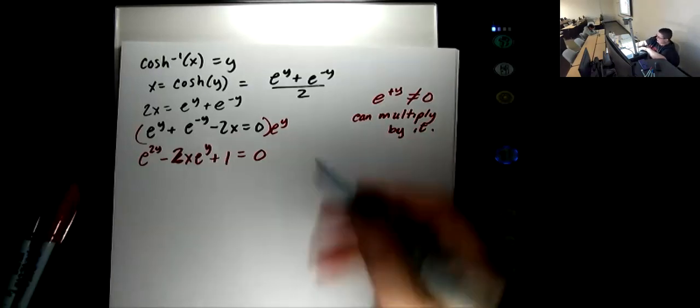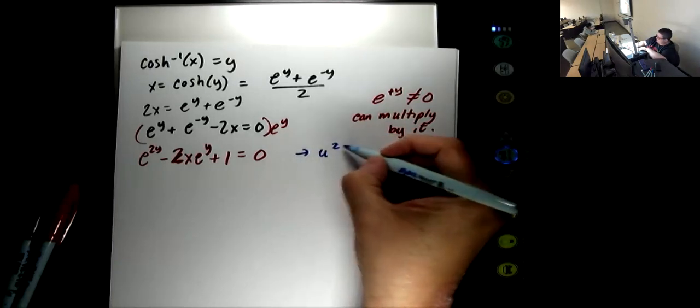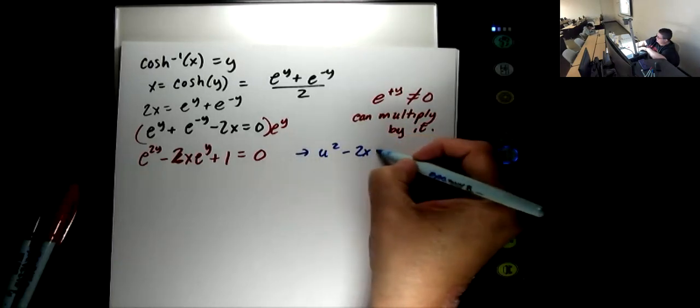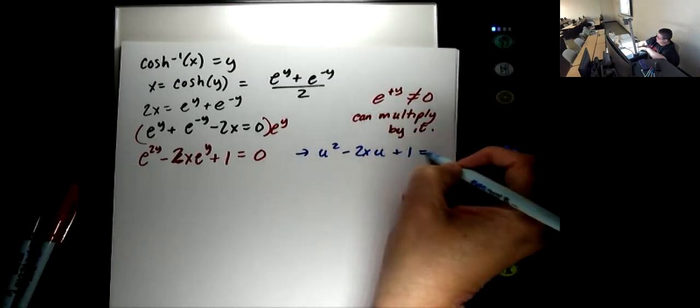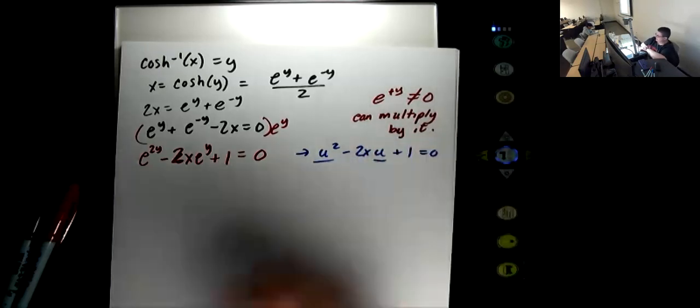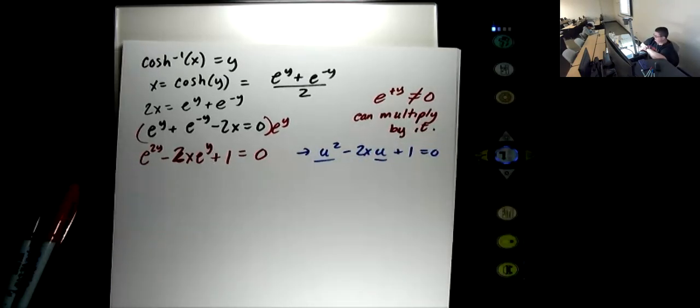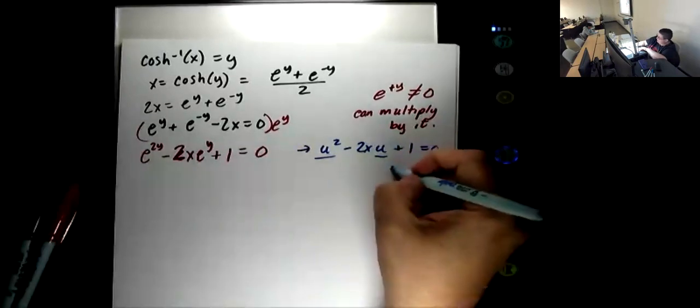This looks a lot like u squared minus 2xu plus 1 equals 0, it's quadratic, where u equals e to the y.